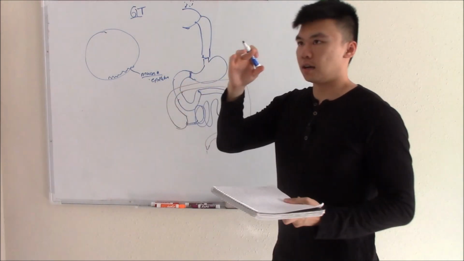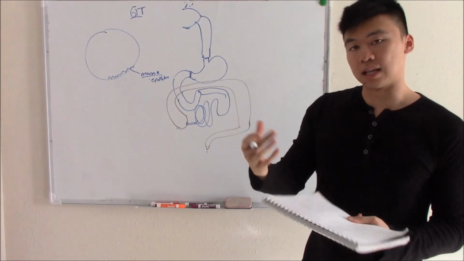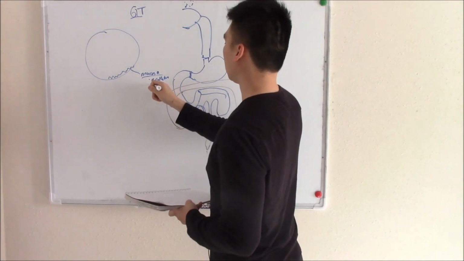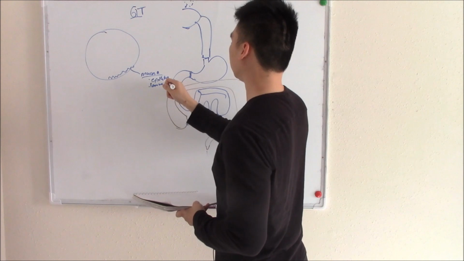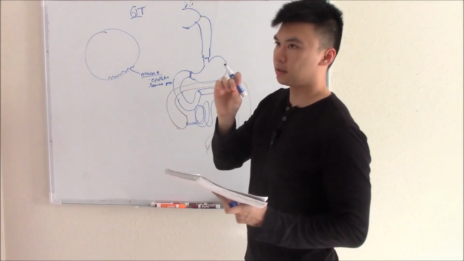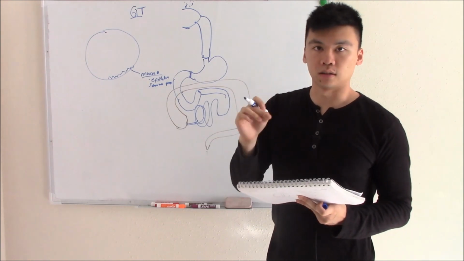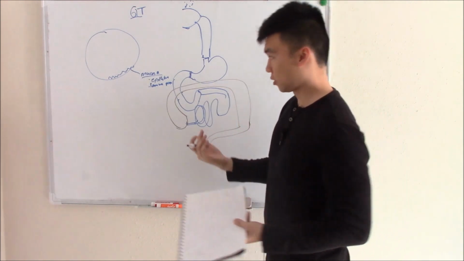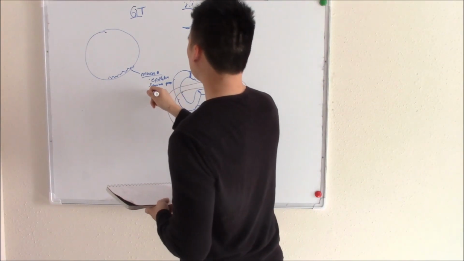It'll include the connective tissue underneath it, which we call the lamina propria. And then last but not least, there's a special kind of muscular layer in your mucosa. We call that the muscularis mucosa.